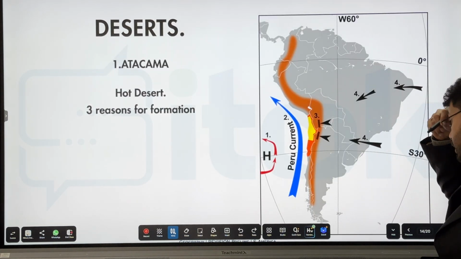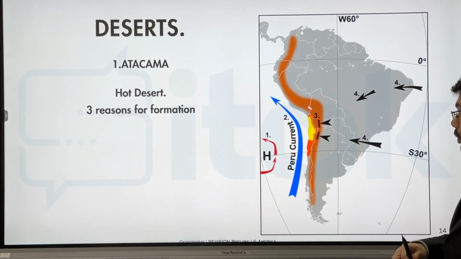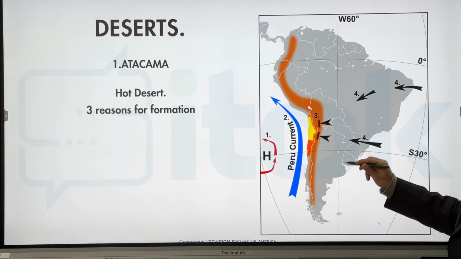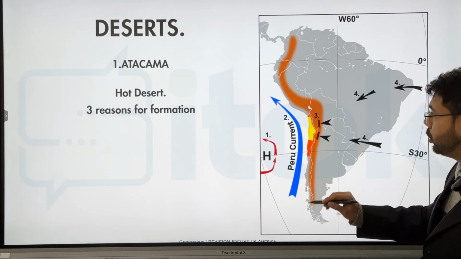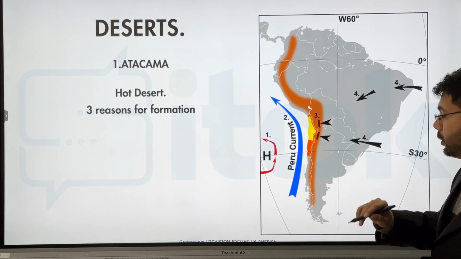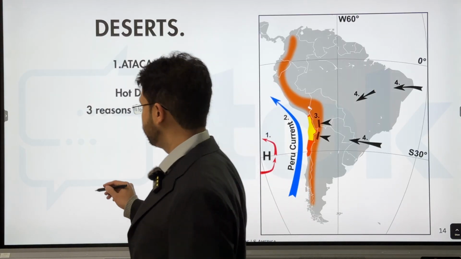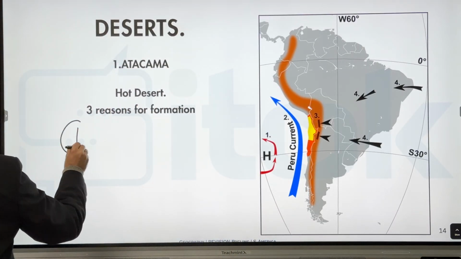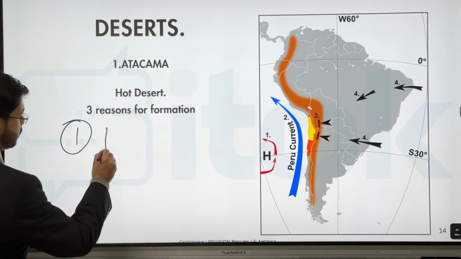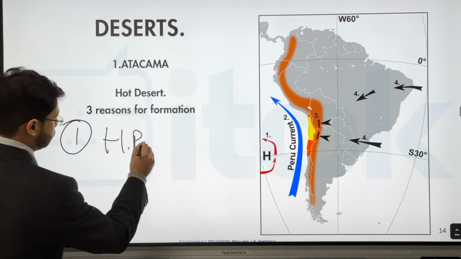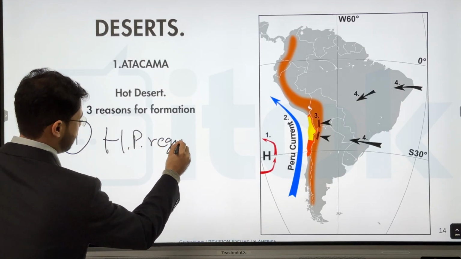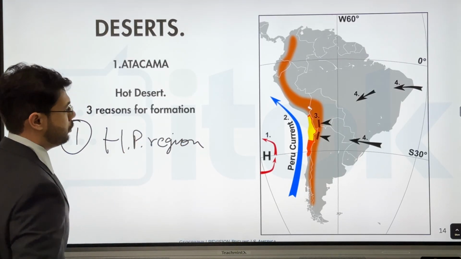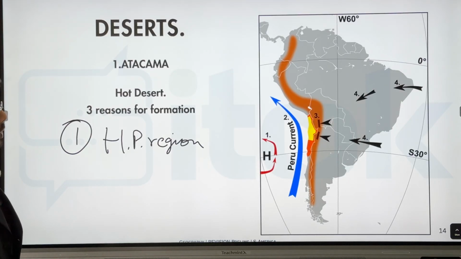Now we are going to the deserts. So deserts were covered extensively before as well. Atacama Desert. Why is it formed? There are three reasons for its formation. Number one, high pressure region. Why is it a high pressure region? The Hadley falling cell is present here.